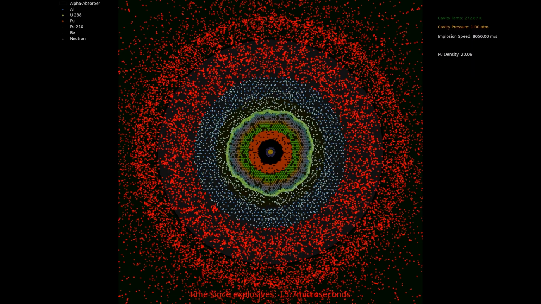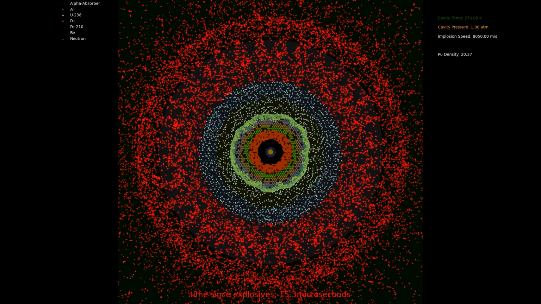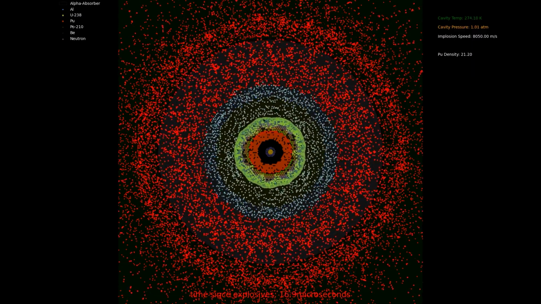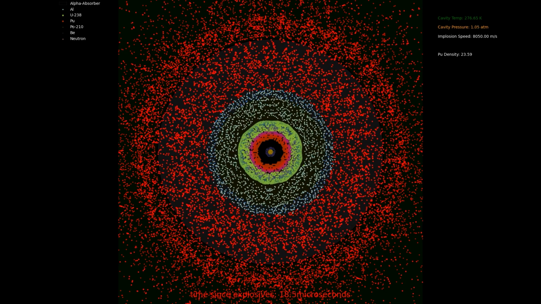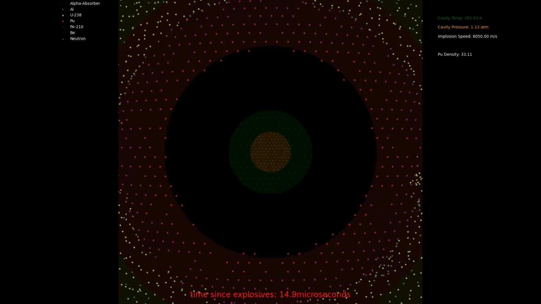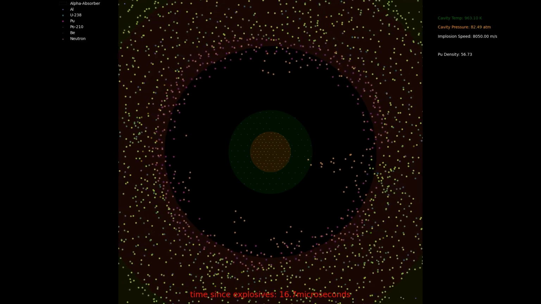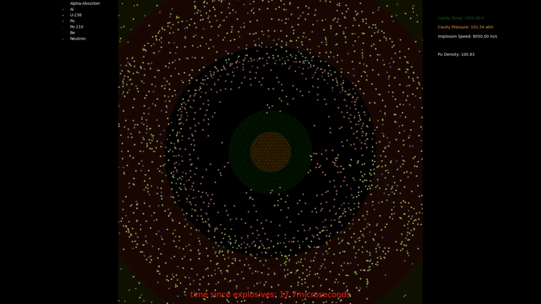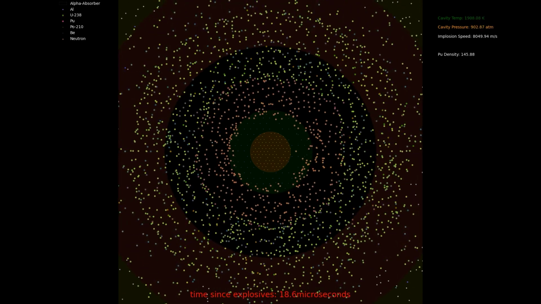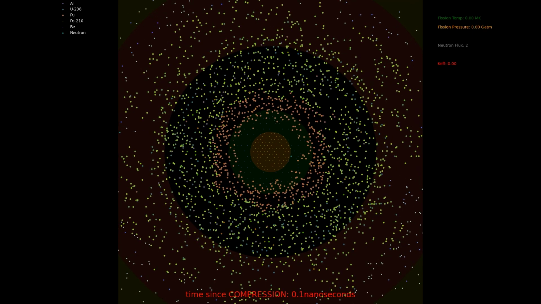Next, it compresses the uranium tamper, which holds out briefly before also succumbing to the immense pressure. Finally, the force converges on the plutonium core from every side, crushing the nuclear material down to 1/3 its original size. Here, we'll slow down even further.